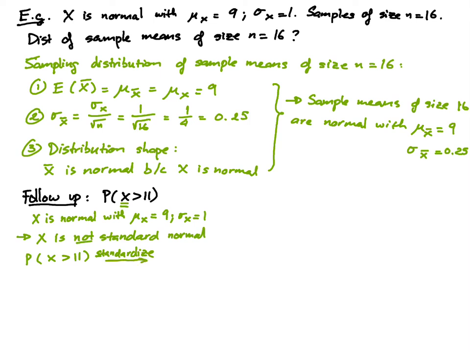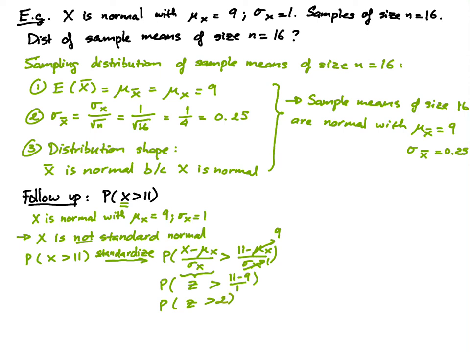So this becomes the probability that (x minus mu x) divided by sigma x is greater than (11 minus mu x) divided by sigma x. This becomes z. Here we know that the mean of x is 9 and the standard deviation of x is 1. In other words, this is (11 minus 9) divided by 1, which is the probability that z is greater than 2.